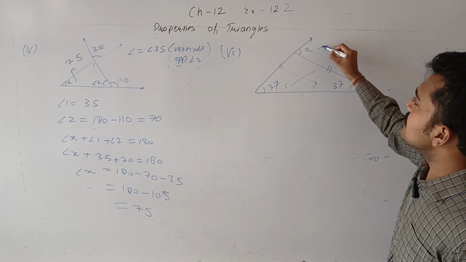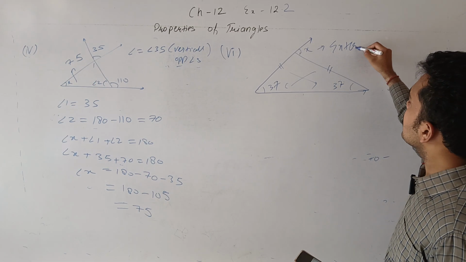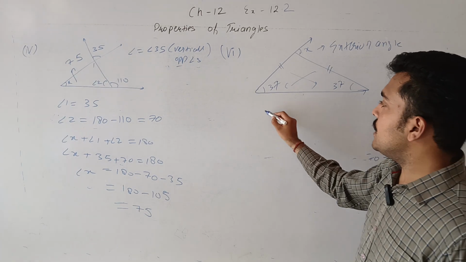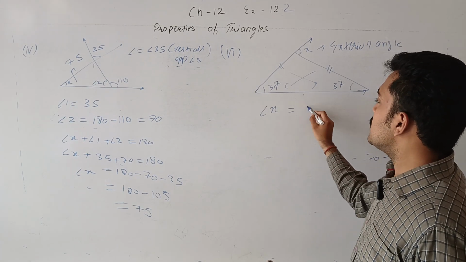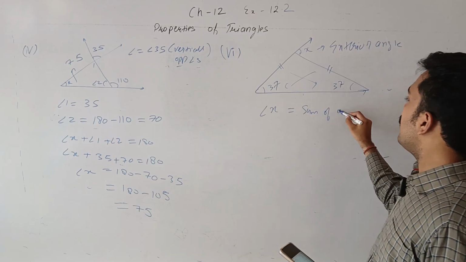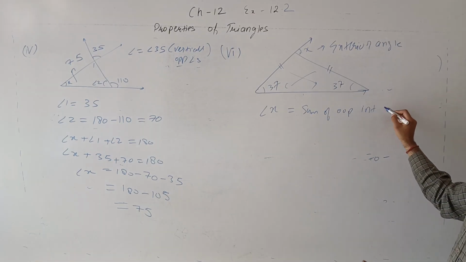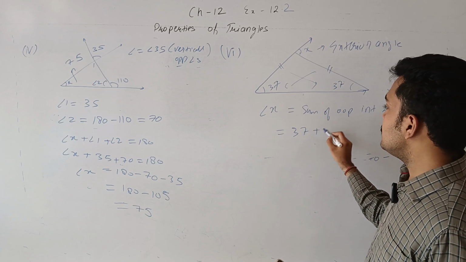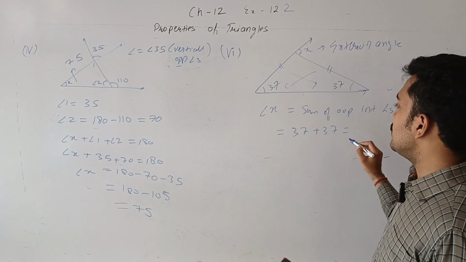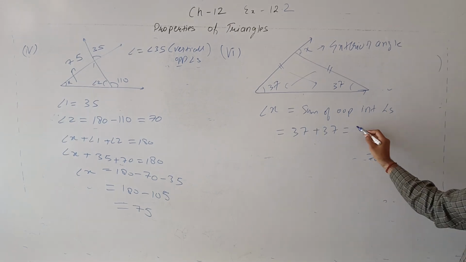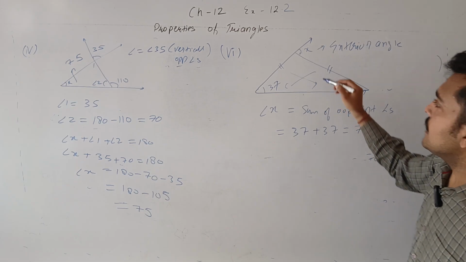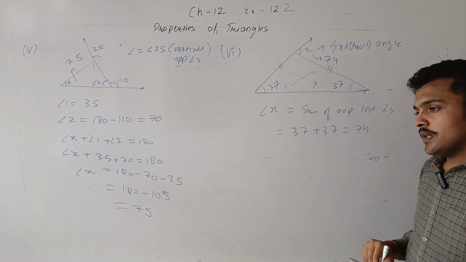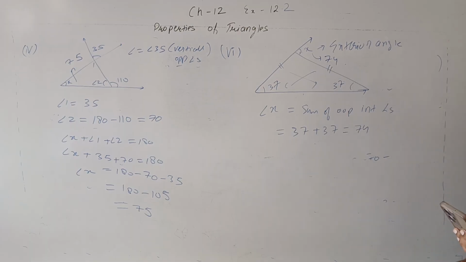Now angle x is the exterior angle, therefore angle x is equal to the sum of opposite interior angles. So angle x is 37 plus 37, which is 74. Angle x is 74.